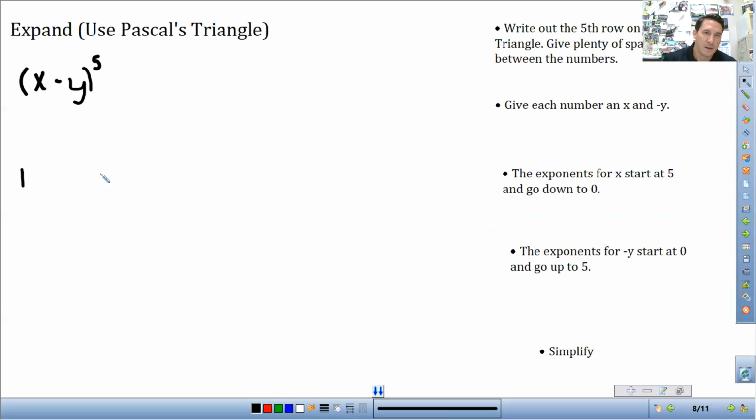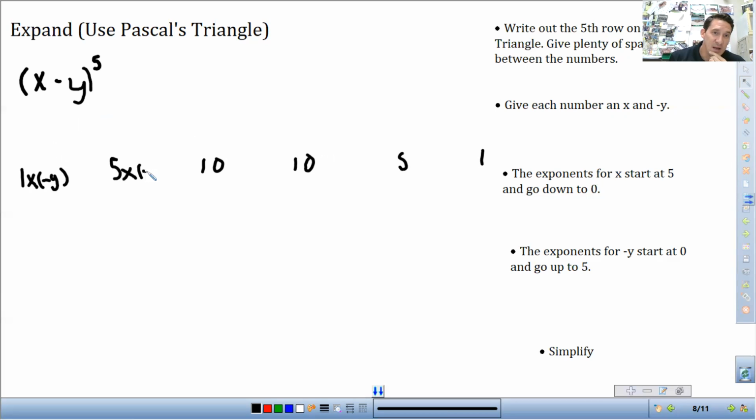1, 5, 10, 10, 5, 1. Be careful with the negatives. So they're each going to get an x and a negative y.